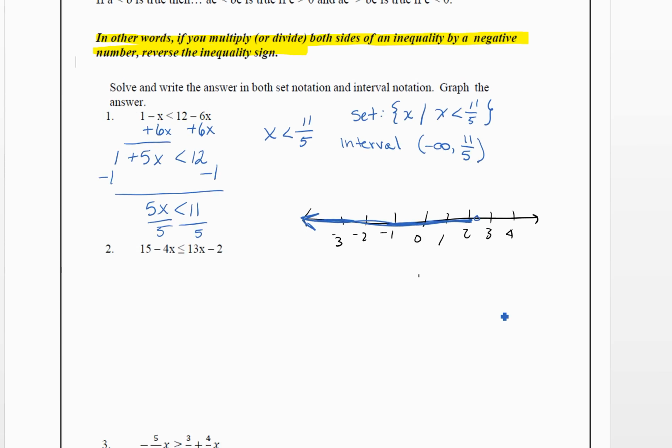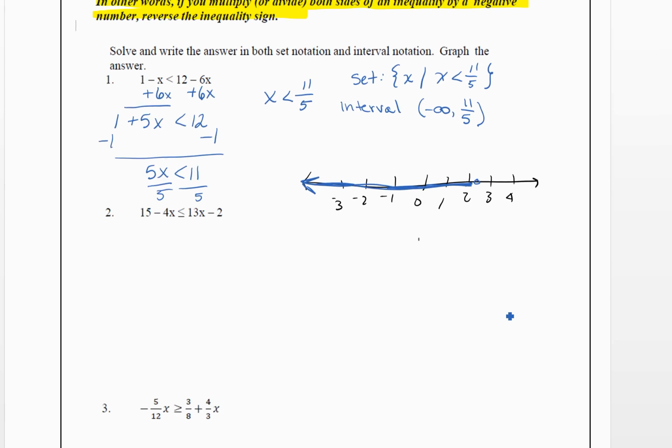Here we've got 15 minus 4x is less than or equal to 13x minus 2. Okay, so the first thing, let's subtract 13x from both sides, so we'll get the x over on the left-hand side. So here we'll have 15, and then negative 4x minus 13x will give us a negative 17x. It's less than or equal to negative 2.